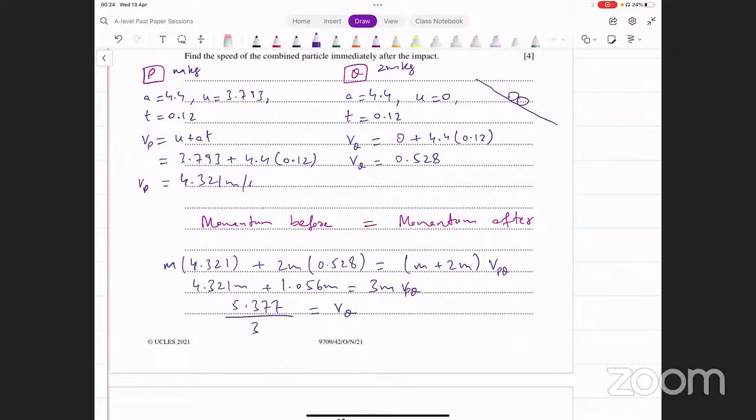This is the velocity of the combined object, which turns out to be 1.792 for me. The velocity of that coalesced object is 1.792 meters per second.